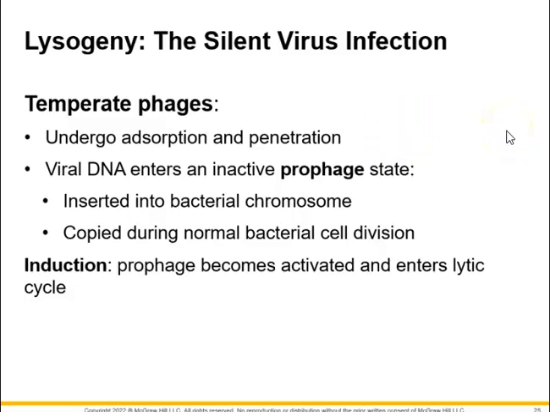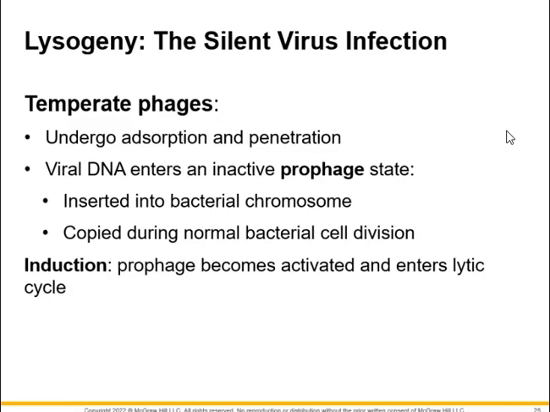These bacteriophages are typically called temperate phages, and they can go between the lytic cycle and the lysogenic pathway. The first two steps of the lysogenic cycle are attachment and penetration, the same as the lytic cycle pathway.